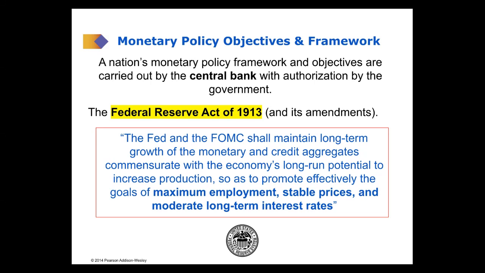Essentially, the Open Market Committee and the Federal Reserve Bank were to maintain the long-term growth of the money supply and credit aggregates that are commensurate or proportional to the economy's long-run potential. And in the process, the Federal Reserve Bank is supposed to achieve important macroeconomic objectives: to maximize employment, to keep prices stable, to avoid inflation, and to moderate long-term interest rates.